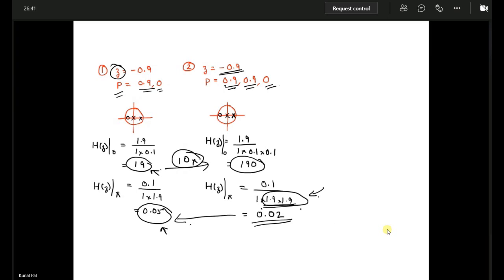And we have seen that the amplitude response of a filter is inversely proportional to the distance d.